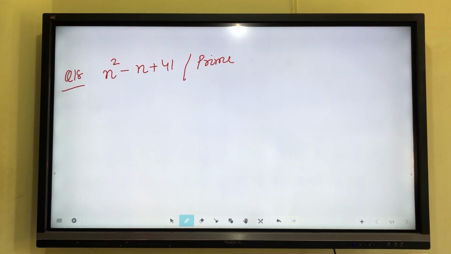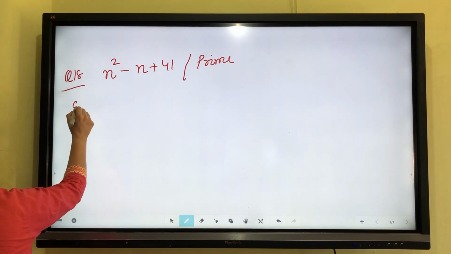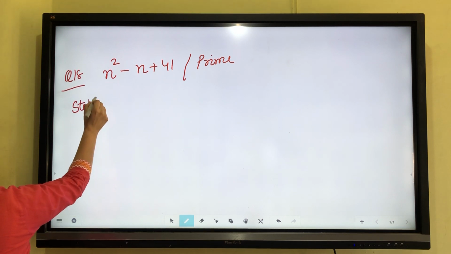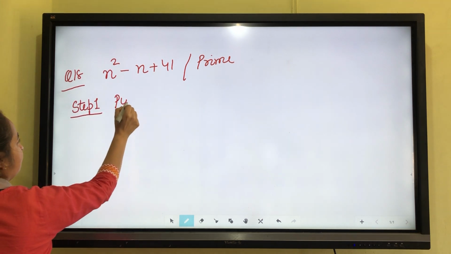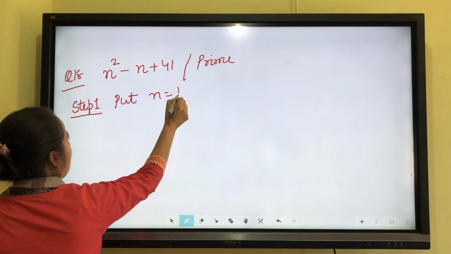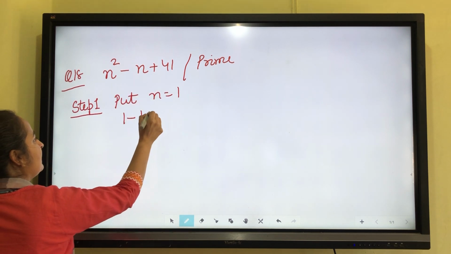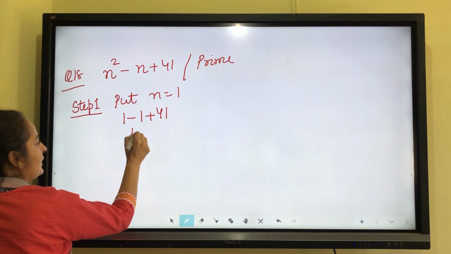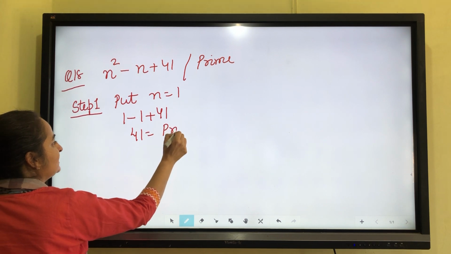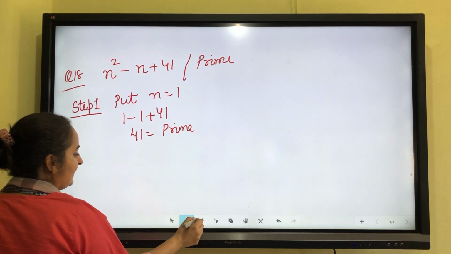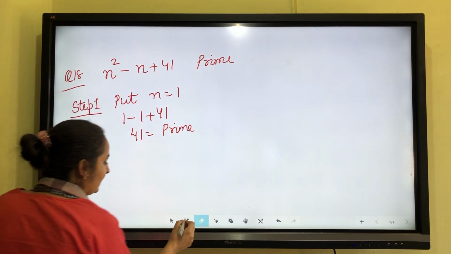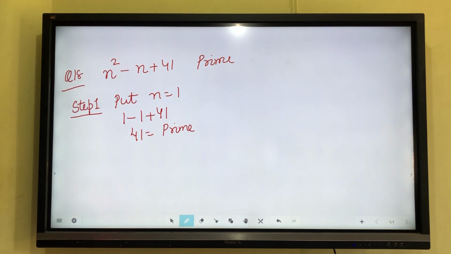Now, how will you prove that? Again, step 1, put n is equal to 1, 1 minus 1 plus 41, 41, result true because it is not divisible, but we have to show the result is a prime number.